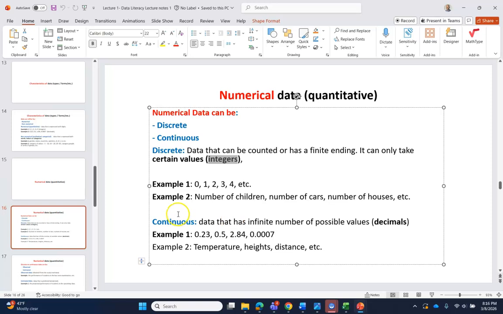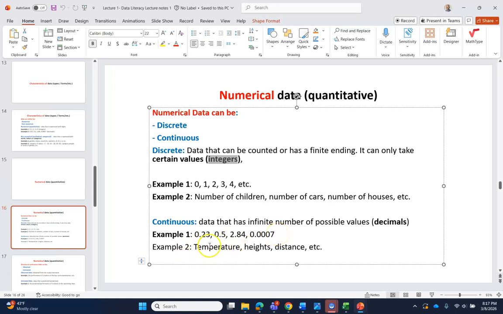So continuous values are data that has an infinite number of possible values or decimal points. For instance, we have 0 point, or you have decimal points. These are the data, this type of data which allows decimal values.